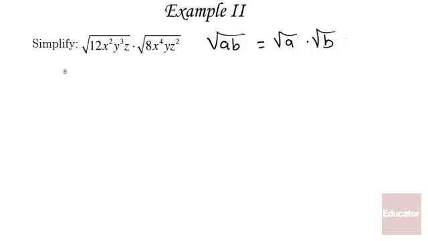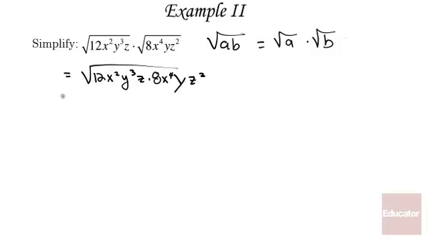So I'm going to rewrite this as the square root of 12 x squared y cubed z times 8 x to the fourth y z squared.